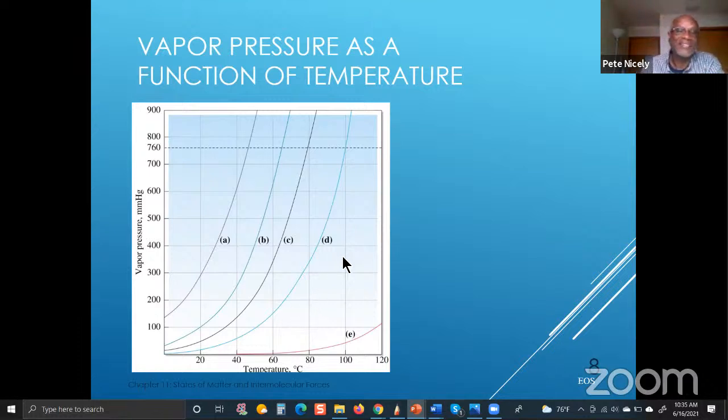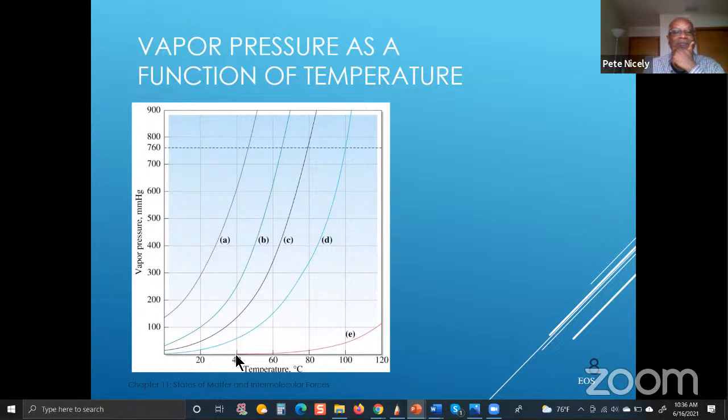So in any case, in the case of water, as you can see, the vapor pressure increases as the temperature increases. The same is true for C, B, and A. And the immediate thing I can say about these liquids here is that at the same temperature, water would have the lowest vapor pressure, right?